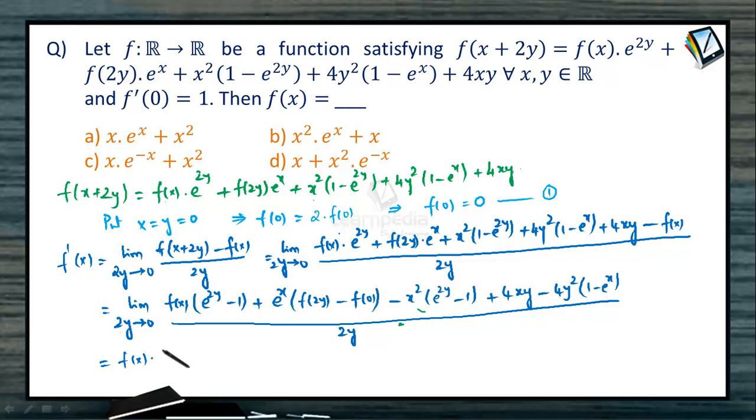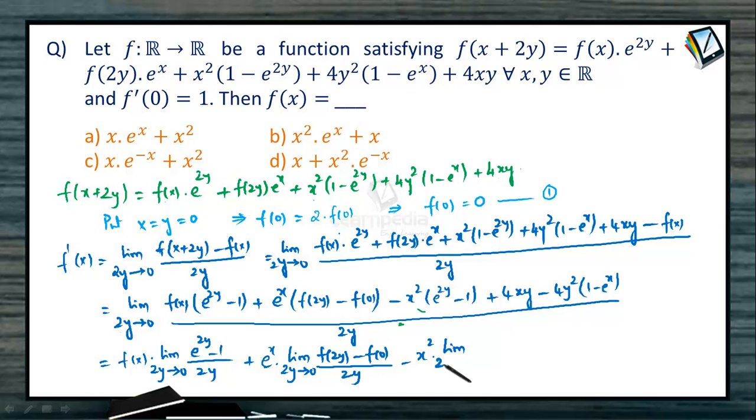So this is f(x) times the limit as 2y tends to 0 of (e^(2y) − 1)/2y, plus, again e^x is a function of x, so bringing it outside the limit, this is the limit as 2y tends to 0 of (f(2y) − f(0))/2y, minus x², which is a function of x so unaffected by the limit, into the limit as 2y tends to 0 of (e^(2y) − 1)/2y, plus 4xy over 2y, where the 2y cancels.